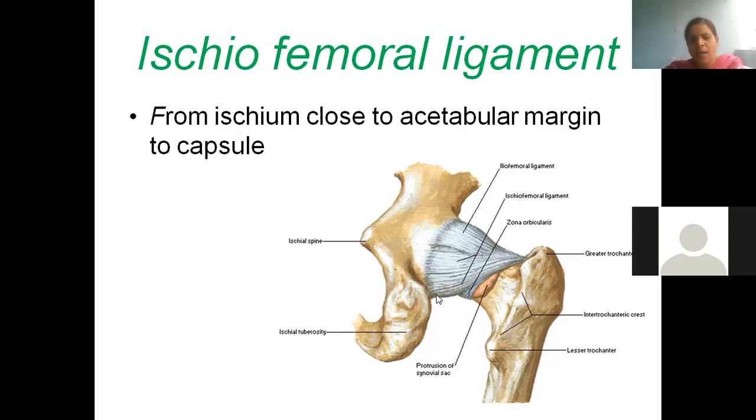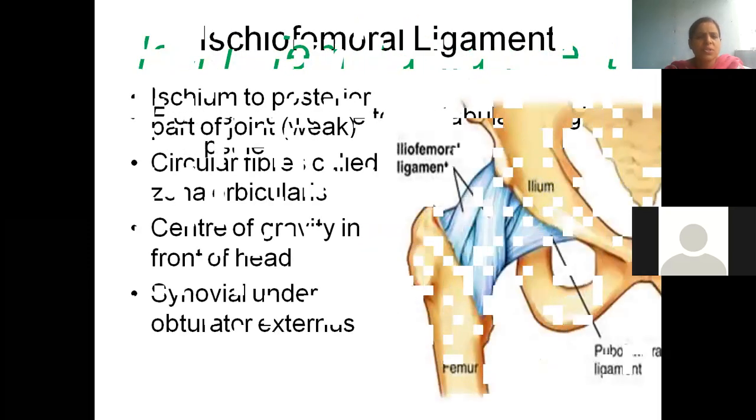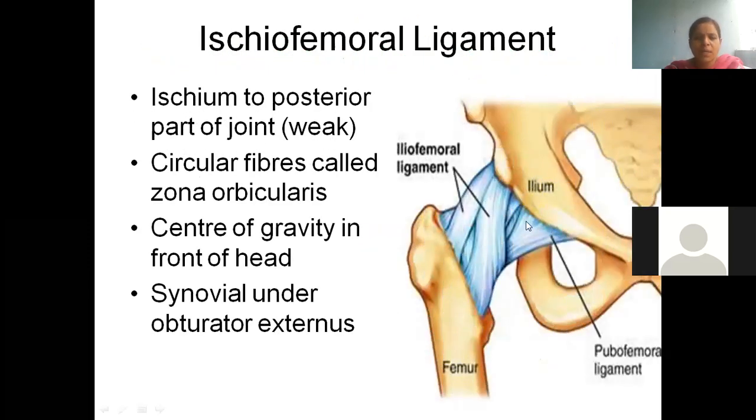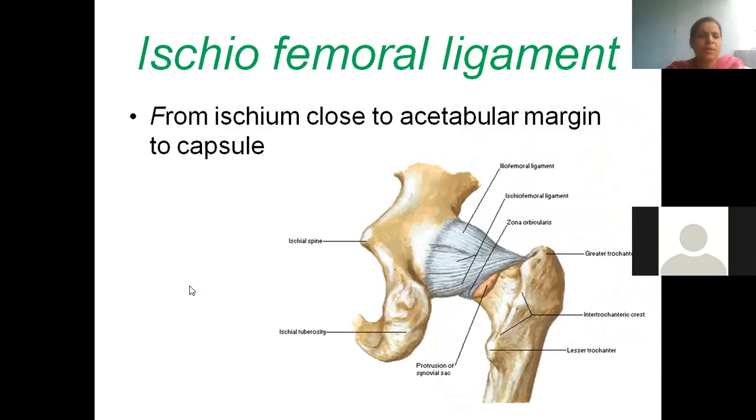It's labeled here. Okay, and the fibers are merging towards the medial aspect of the greater trochanter. Okay, so that is ischiofemoral. From this view you can't see ischiofemoral, so ischium, like posterior part of the joint, we will see. Okay, so this is the ischiofemoral, which is clearly visible here.